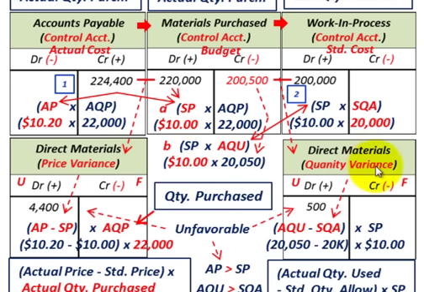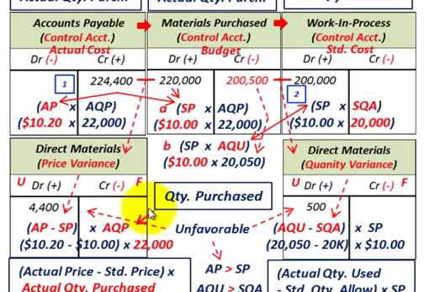And then our direct materials quantity variance was based on quantities: actual quantity used versus the standard quantity that was allocated, times your standard price per unit. That's where you get your quantity variances. So that's how it works, and this was based on our quantity purchased.